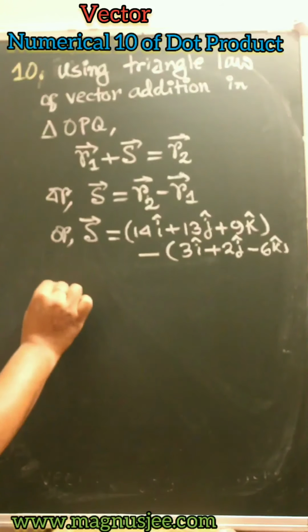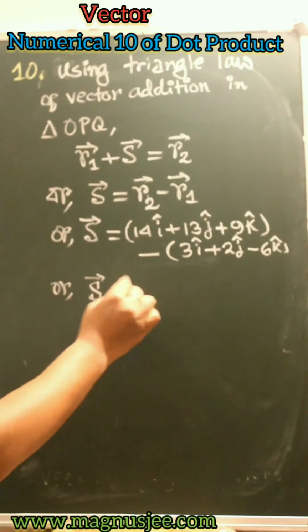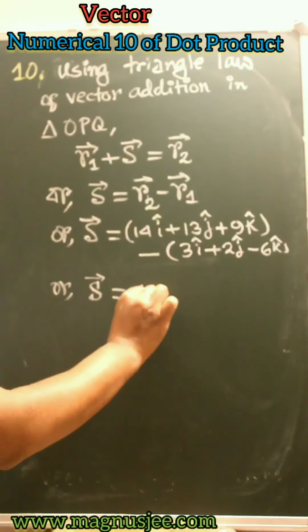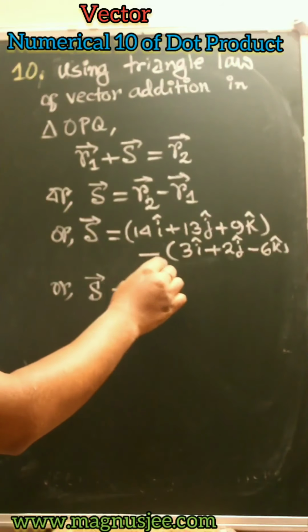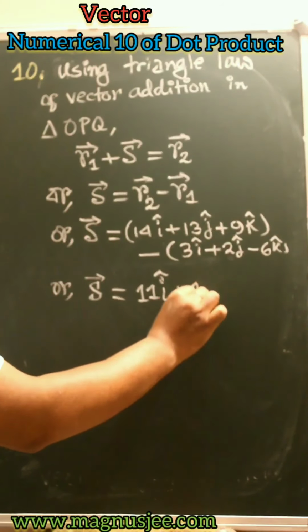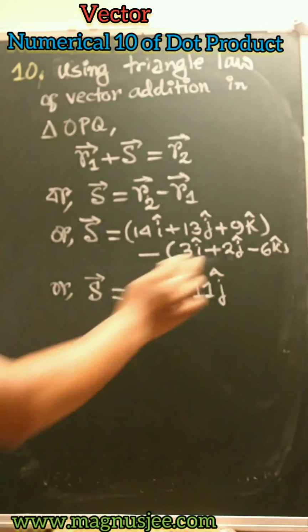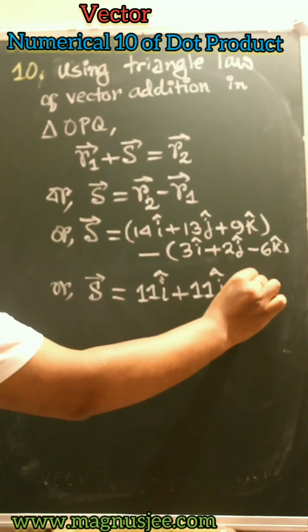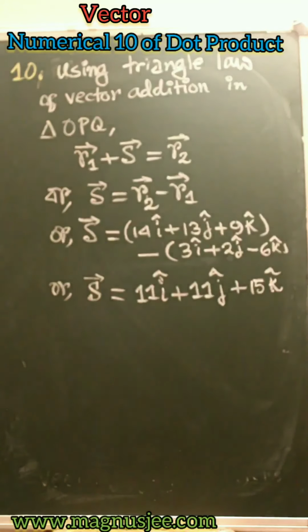Therefore, finally we get vector S, that means displacement vector, will be, after simplification, 11i cap plus 11j cap, since 13j cap minus 2j cap is 11j cap, and minus 6k cap with minus becomes plus 6k cap, that is 9k cap plus 6k cap means 15k cap.